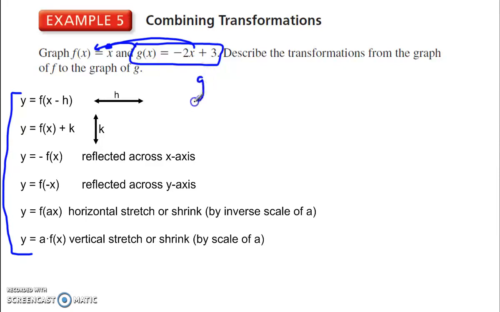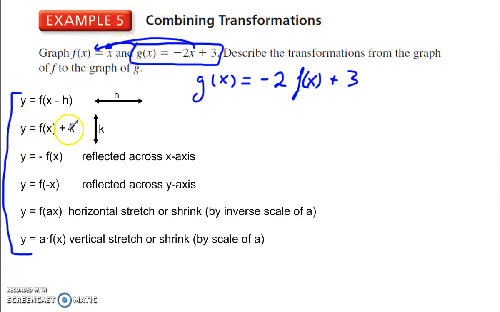So I'm going to rewrite that: g of x is equal to negative 2 times f of x, because x is the same as f of x, plus 3. Now let's see what happened to it. Let's go through our list and check them off as we go.